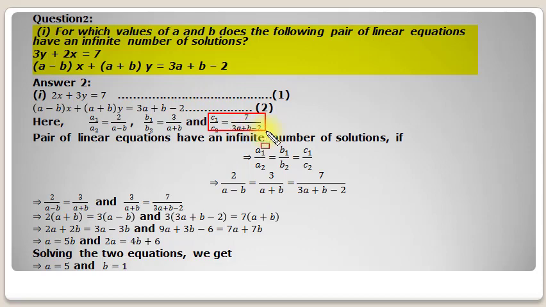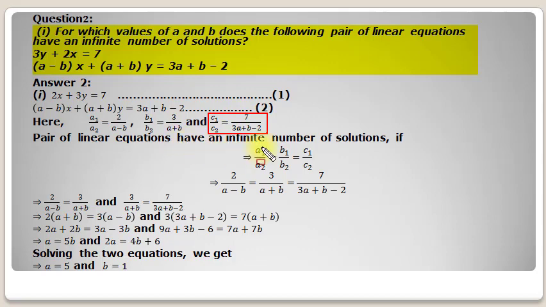Now we can see here that a1 upon a2 must be equal to b1 upon b2, and it must be equal to c1 upon c2 for infinite many solutions.